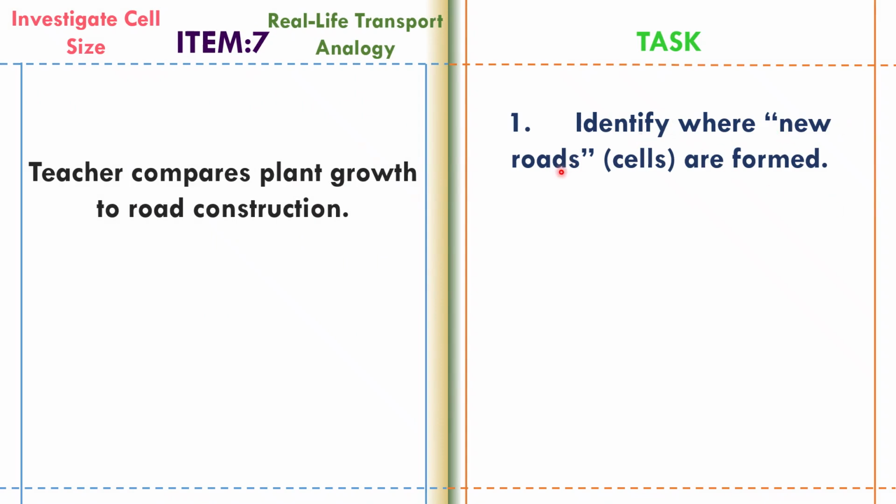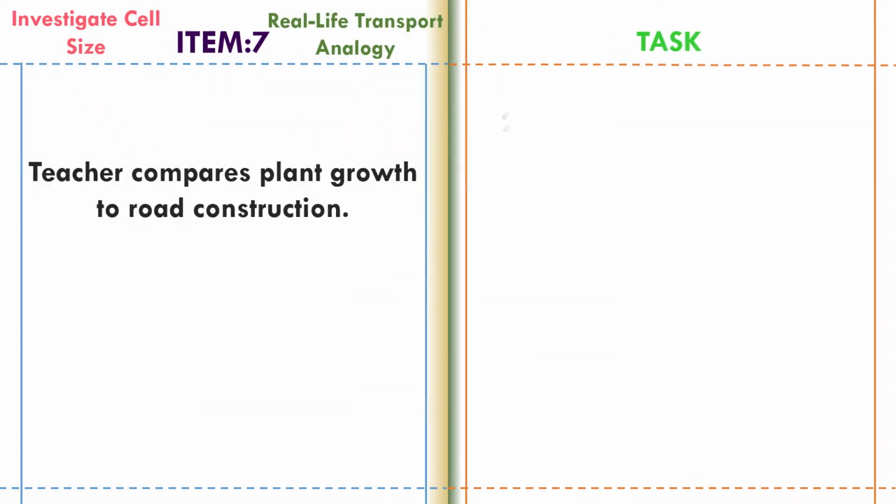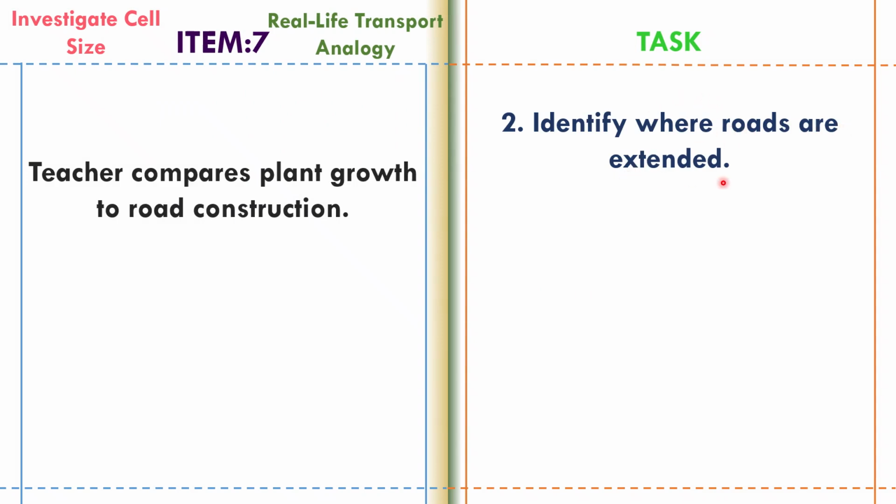Identify where new roads or cells are formed. New cells are formed in the meristematic region. Identify where roads are extended.